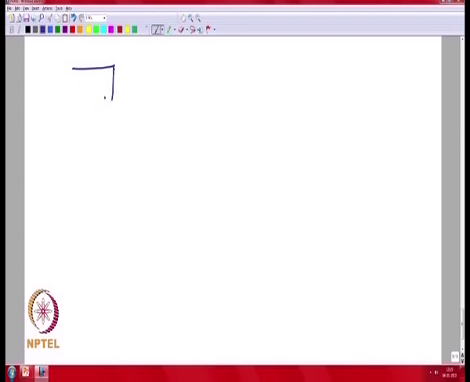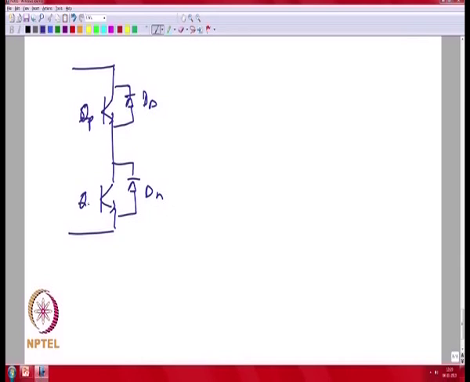We consider a switch in parallel with the diode, so this is transistor QP and QN, and the switching is S plus A. If we consider this as leg A, and this is IA, the current flowing out, P and N, and our PWM action is generated by sine triangle comparison.